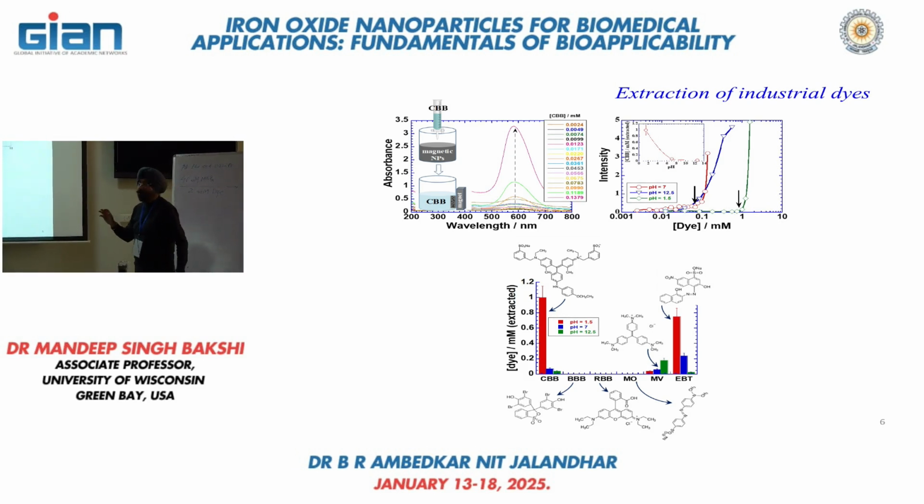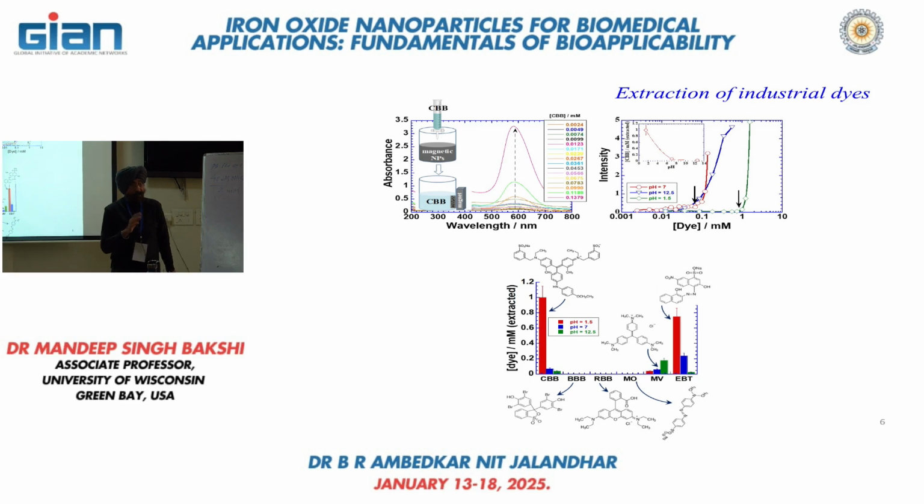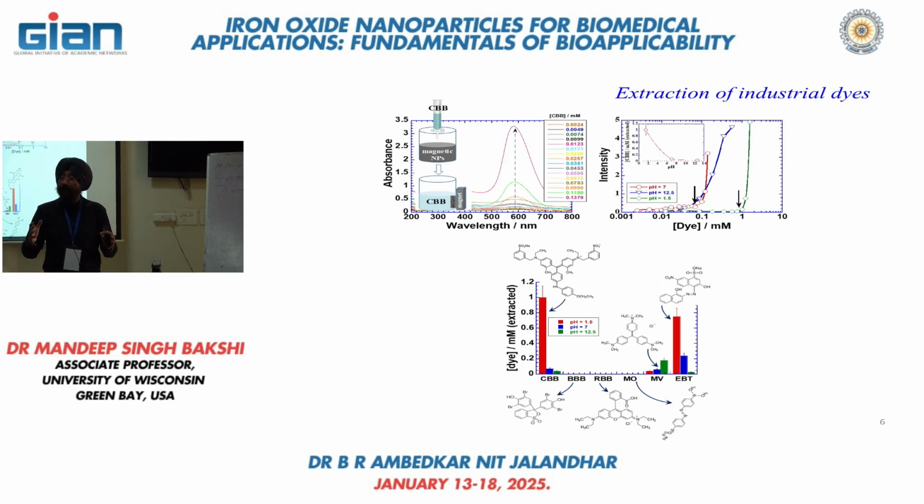So what is the meaning for the application of functionalized nanoparticles? I say that you cannot expect that the functionalized magnetic nanoparticle which you have synthesized is going to work for all kinds of dye. That is not the case, right? It is the functional group which will decide how it interacts with the functional groups of the dye.